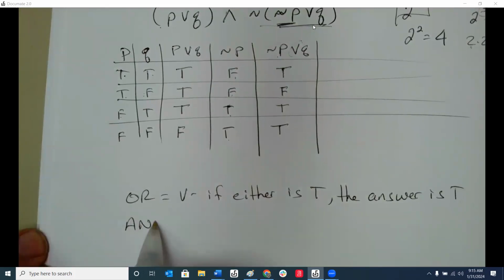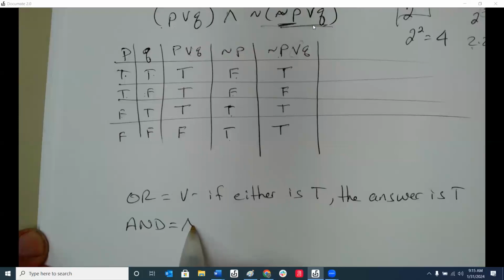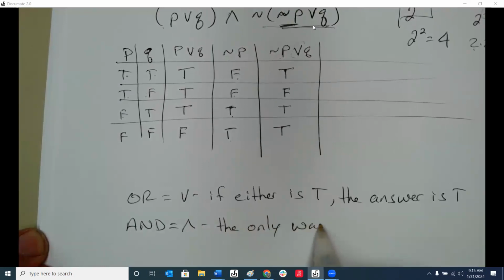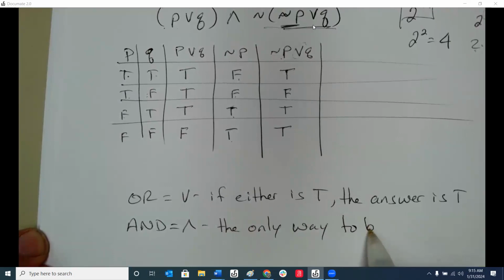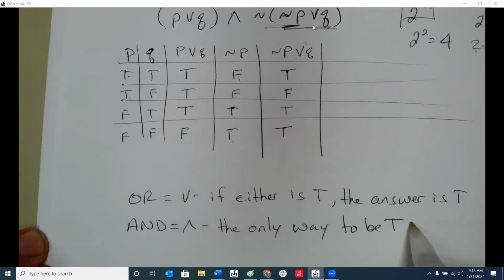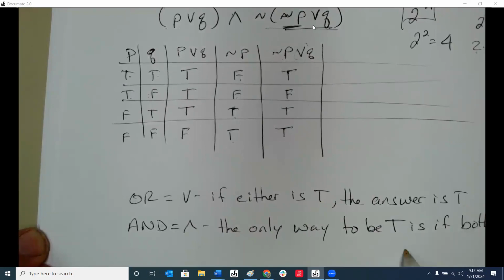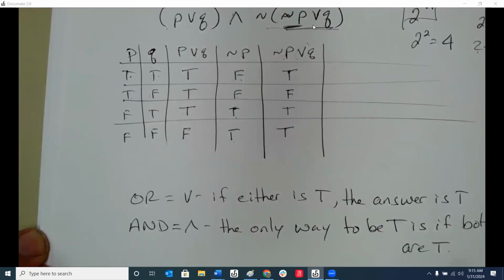In the and statement, the only way to be true is if both are true.